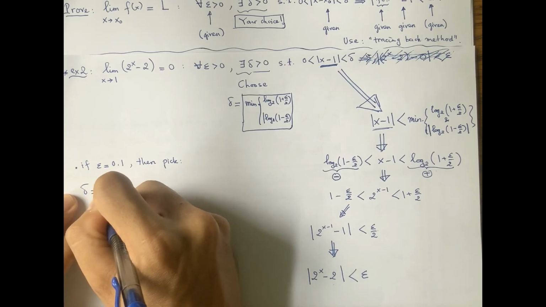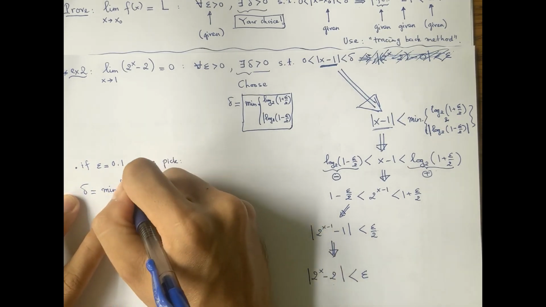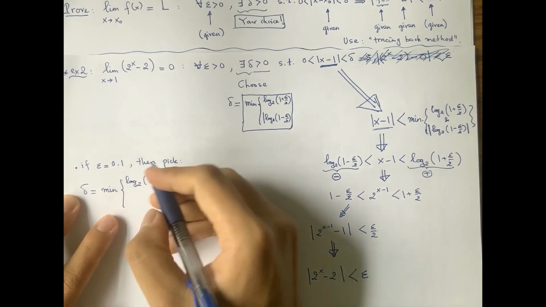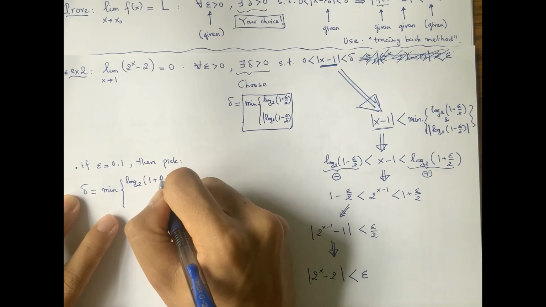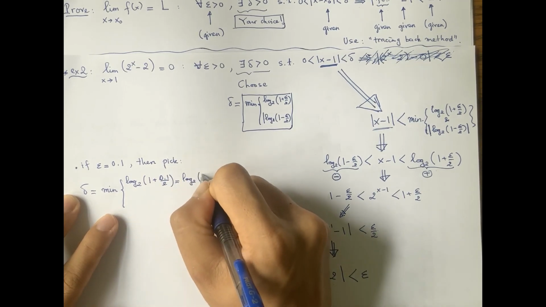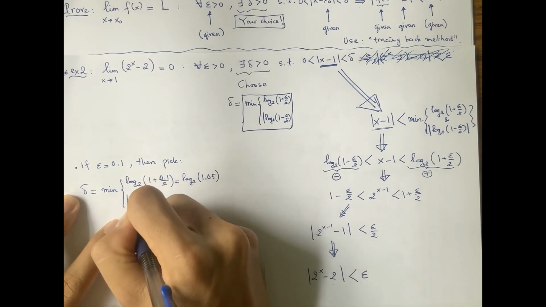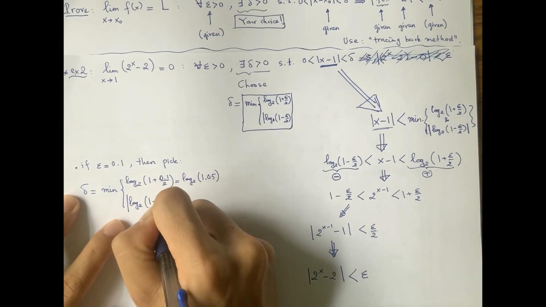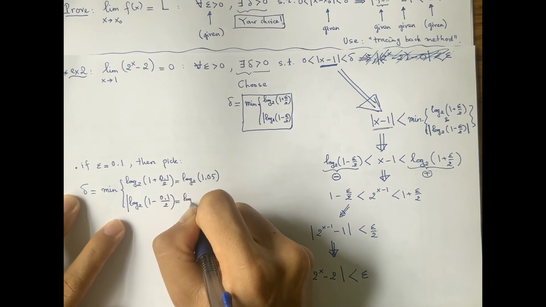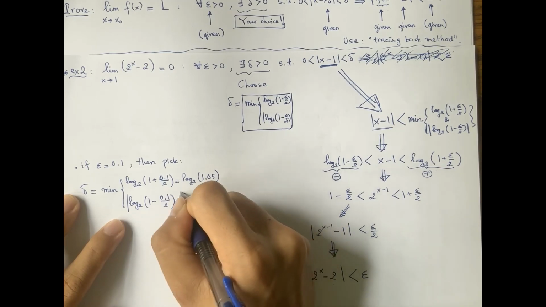delta to be the minimum of log base 2 of 1 plus epsilon over 2, which is log base 2 of 1.05, and the absolute value of log base 2 of 1 minus epsilon over 2, log base 2 of 0.95, absolute value.